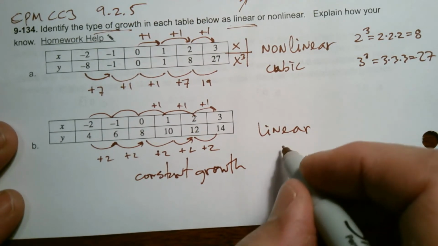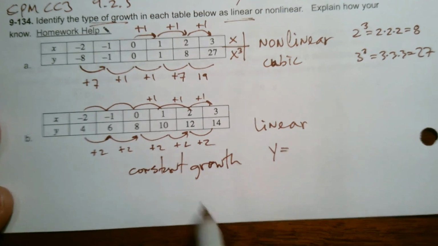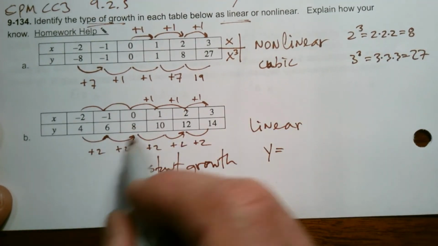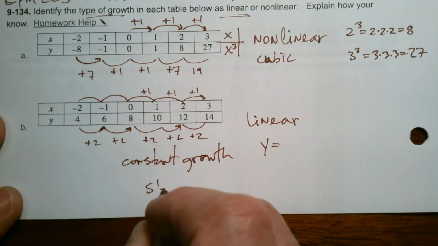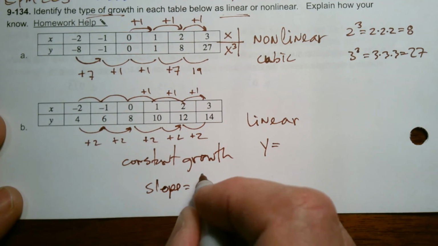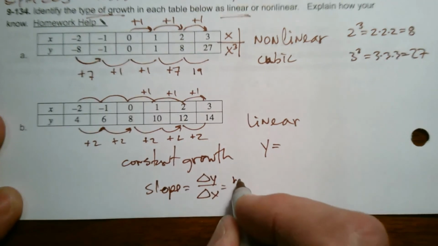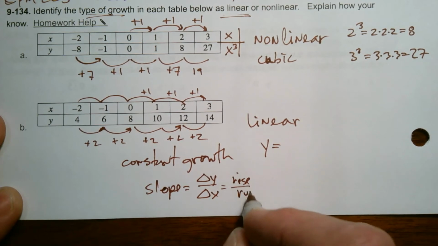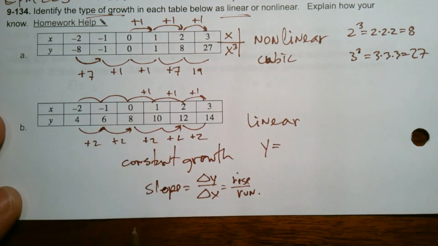And in fact, we can go the next step and also write this as an equation. Because if I know my growth is 2, your growth, your slope, if it's linear, it's got a slope. Your slope is your change of y over change of x, your rise over run. And the rise is the change in y, which is 2, over the change of x, which is 1.